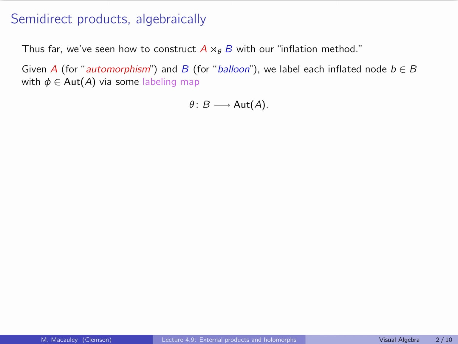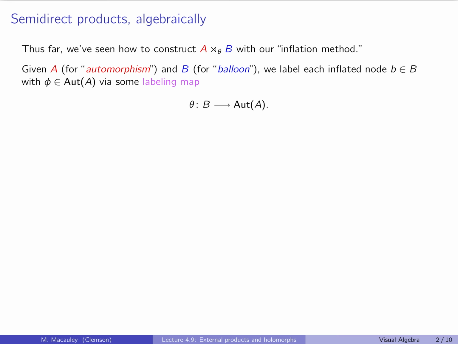Thus far, we've seen how to construct a semidirect product of A with B using our so-called inflation method. Now, if you don't know what I'm talking about, you should first watch my video called Semidirect Products Intuitively back in Chapter 2. In this method, we take a group A, think A for automorphism, whose Cayley graph gets rewired, and a group B, whose nodes in the Cayley graph get blown up, so B for balloon.